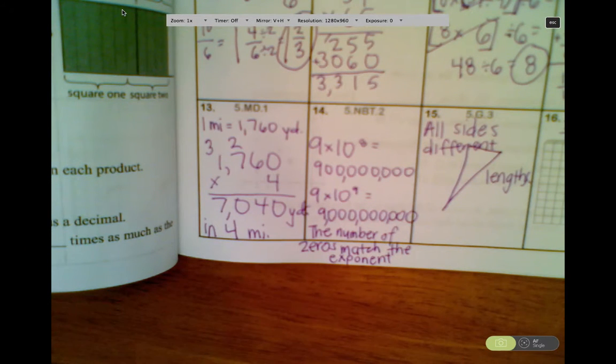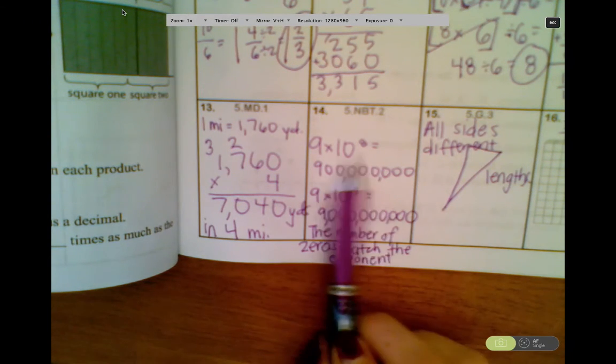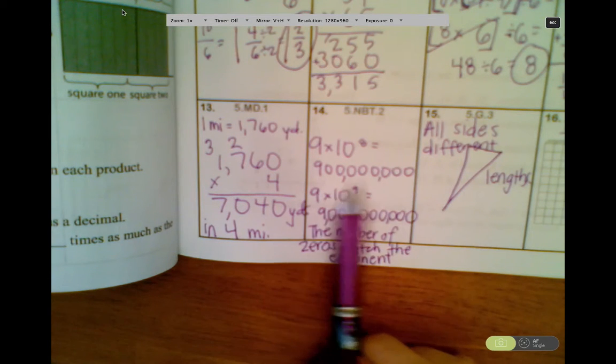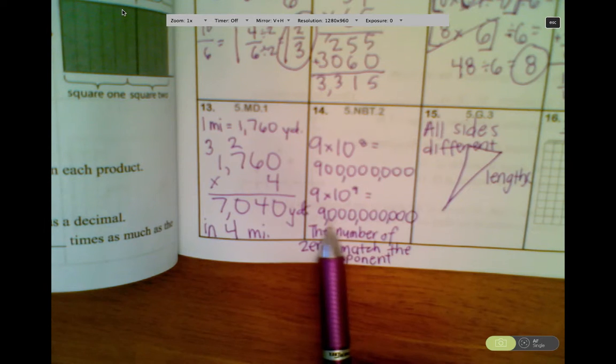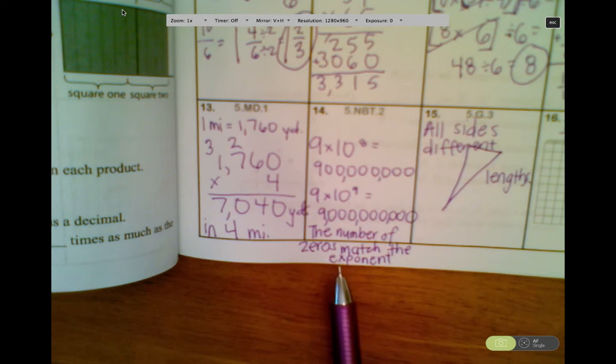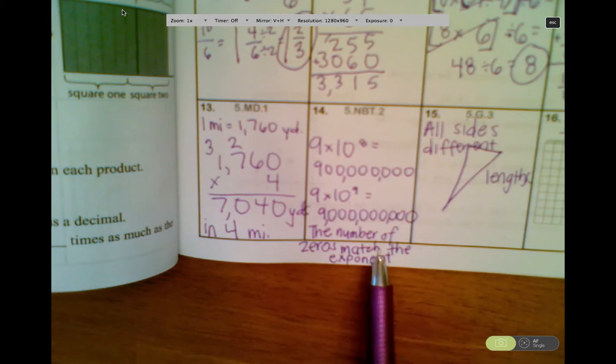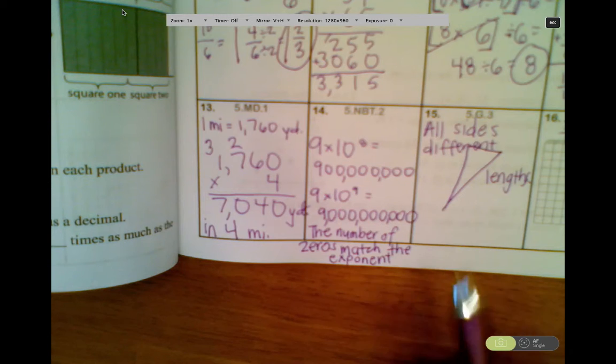Number 14 says 9 times 10 to the 8th power and 9 times 10 to the 9th power. 9 times 10 to the 8th power is 9 with 8 zeros, and 9 times 10 to the 9th power is 9 with 9 zeros. To describe the pattern and the number of zeros in each product, the number of zeros match the exponent.